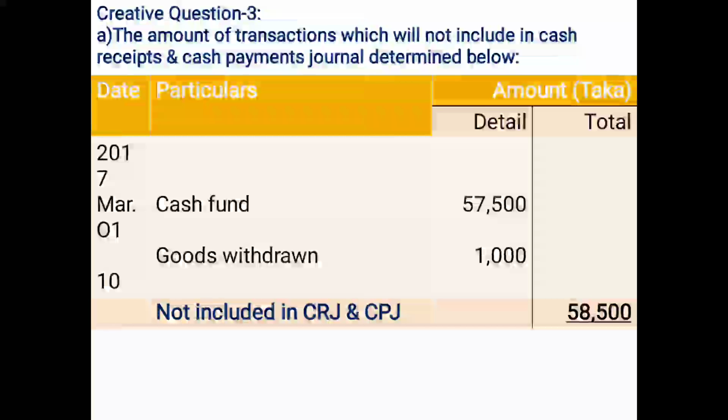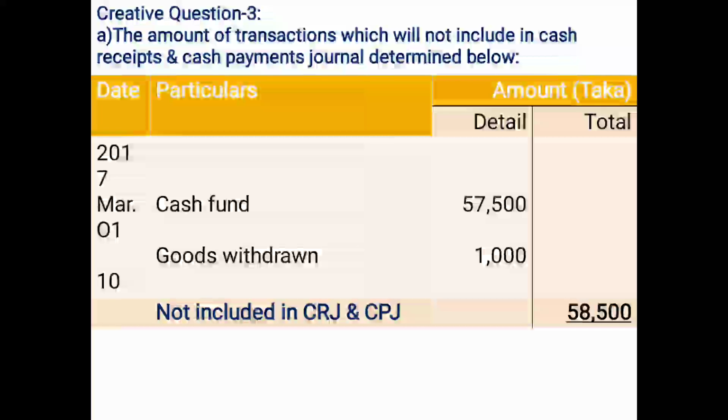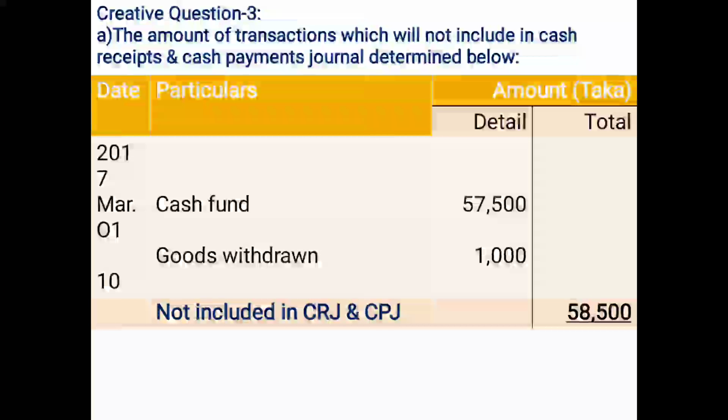March 14, paid to Sadman Enterprise by check taka 29,000 in full settlement of his debt taka 30,000. Check number 032541. March 17, received from Shukti taka 24,250 in full settlement of his debt taka 25,000.